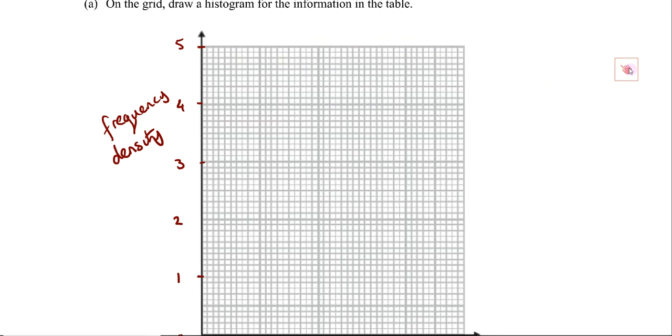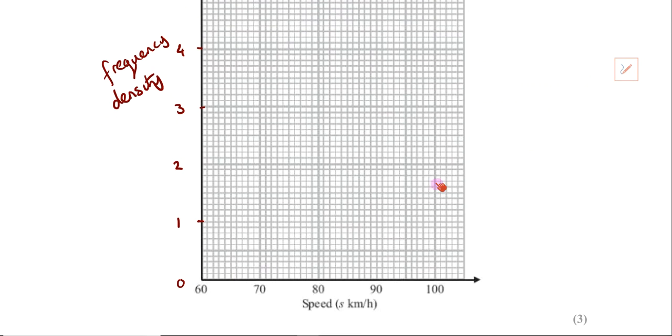That makes sense? Yes. So I'm still going to use the same class interval. This time, just to do the first one with you, what was my frequency density for the 60 to 65? 3. So if I go across the 3, my first bar is like that.